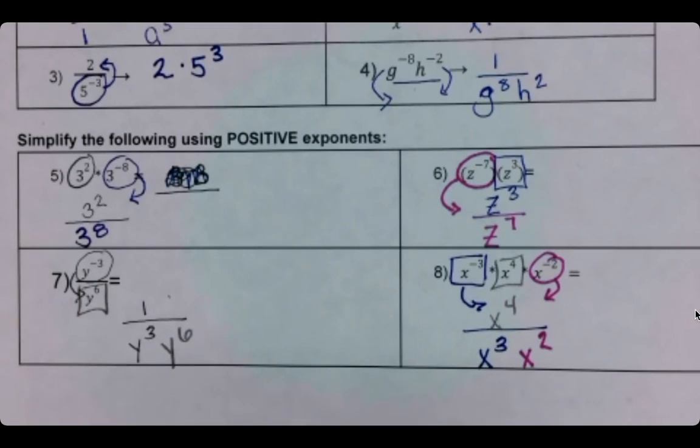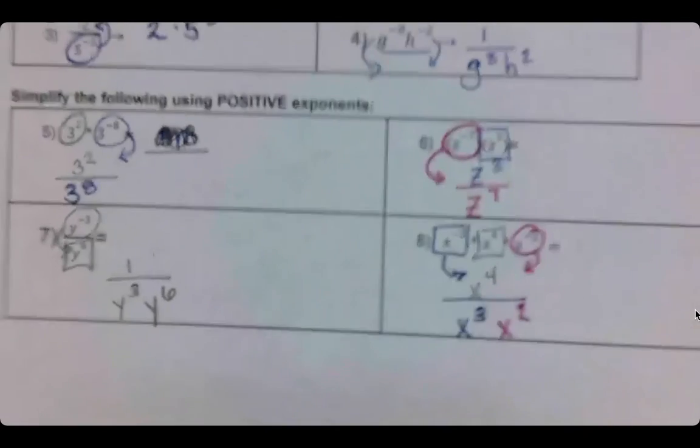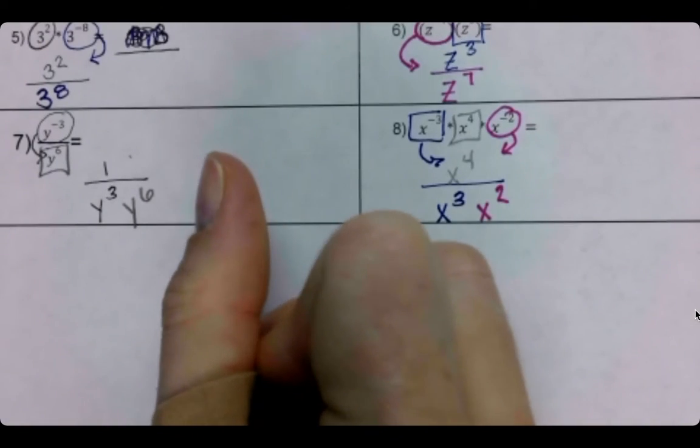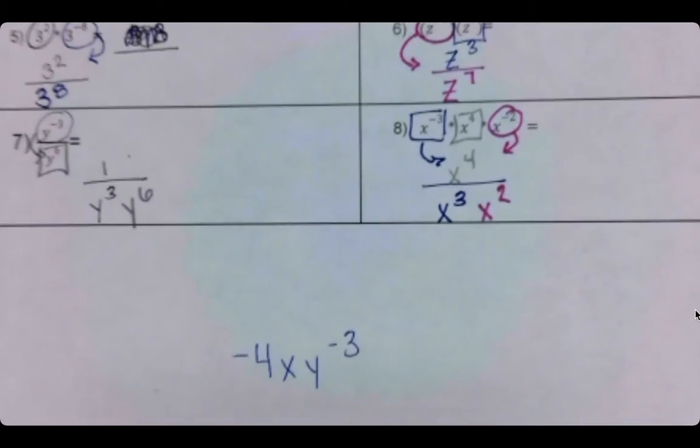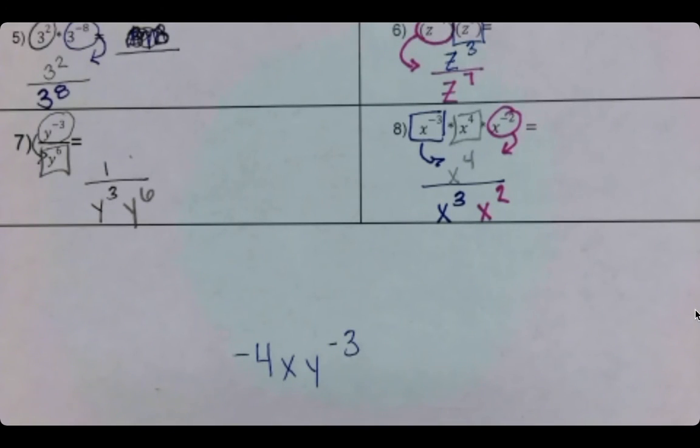There is one more that I forgot to put on as an example, and that would be something like this. So again, some of you are going to say, well, it's a negative exponent, so it needs to move. But remember, you have to look at what that negative exponent is on.